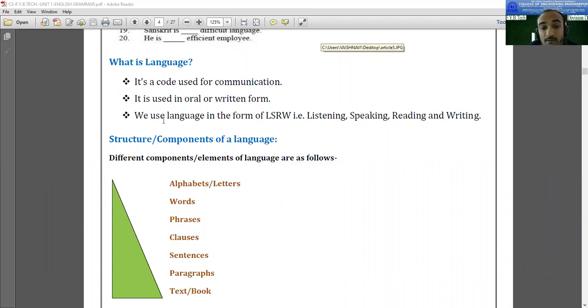So we use language in the form of LSRW. That is, first is listening, speaking, reading, and writing. So this is the sequence. That's how we learn any language.